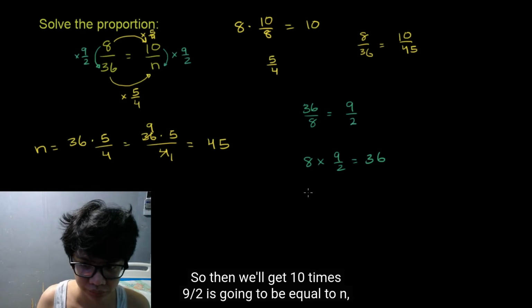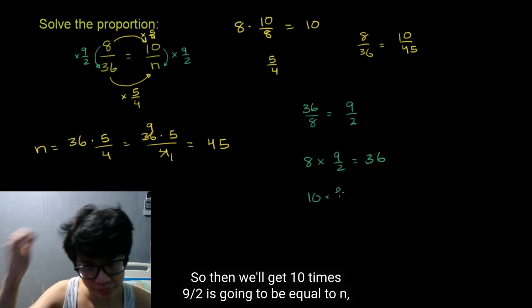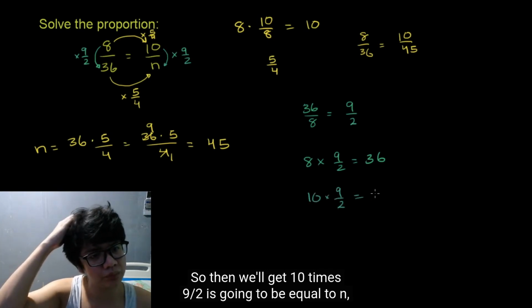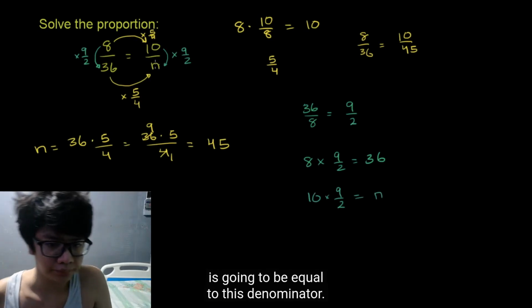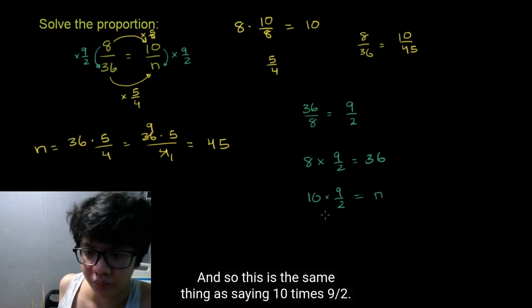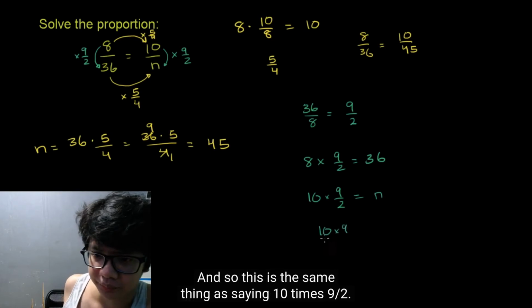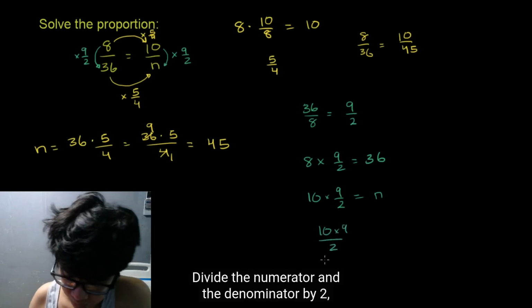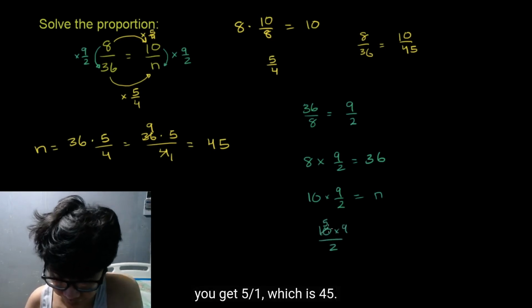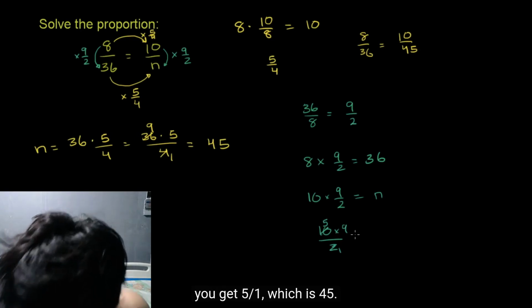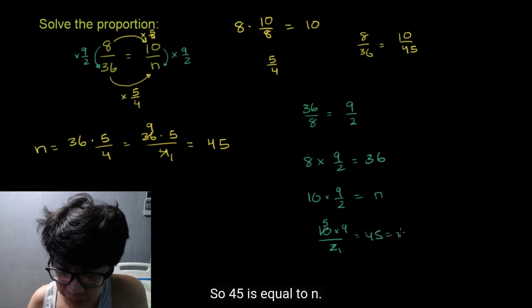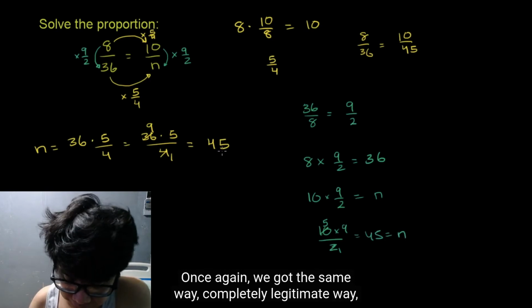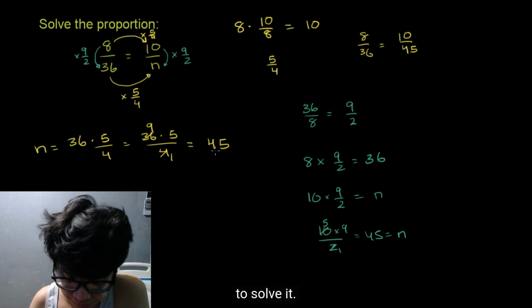So 10 times 9 halves is going to be equal to this denominator. That's the same thing as 10 times 9 over 2. Divide the numerator and the denominator by 2, you get 45 over 1, which is 45. So 45 is equal to n. Once again, we got the same answer. Completely legitimate way to solve it.